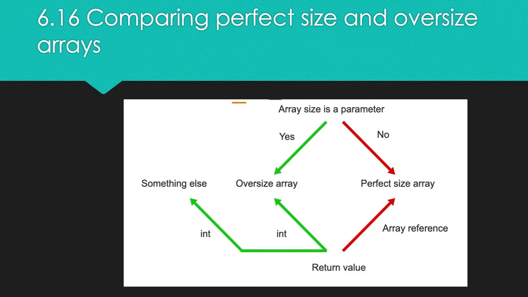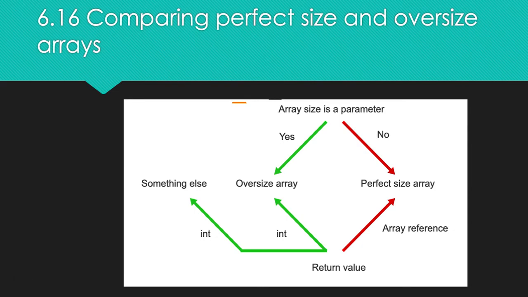6.16. Comparing perfect and oversized, we saw the example previously, where for a perfect array you know the number of elements, and for an oversized array you do not know the size. Here we see the requirement.